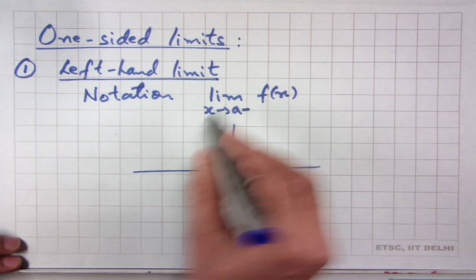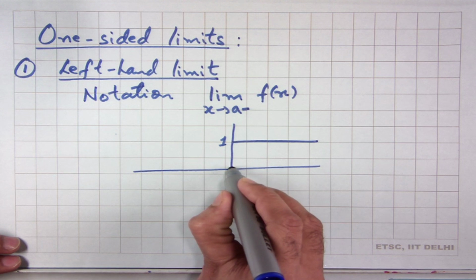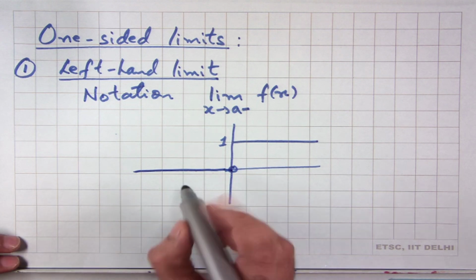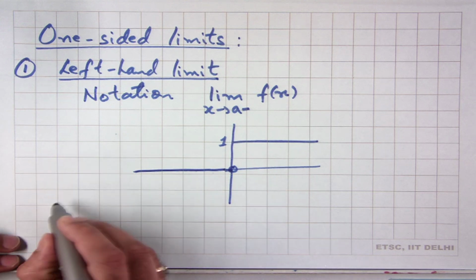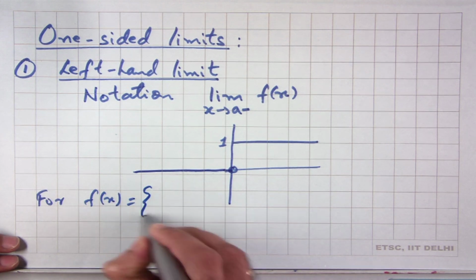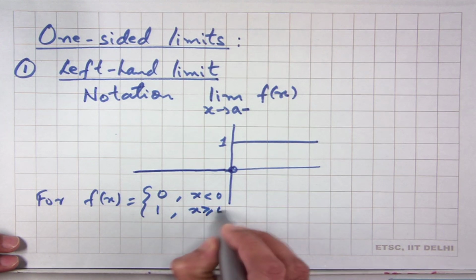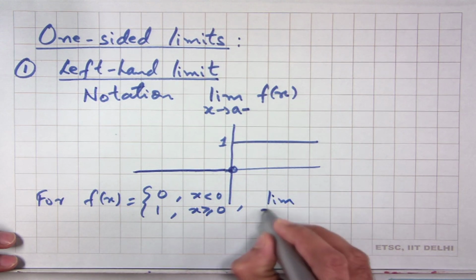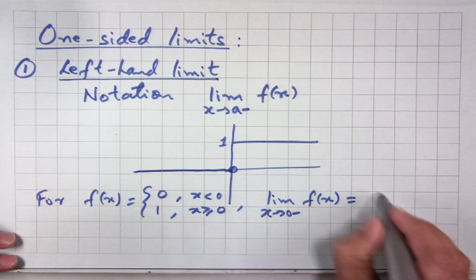Let me again explain by this example. The function is 1 for x greater than or equal to 0, and 0 for x less than 0. So, in this case, for f x equal to 0 for x less than 0 and 1 for x greater than or equal to 0, the left hand limit as x goes to 0 minus of f of x is equal to 0.